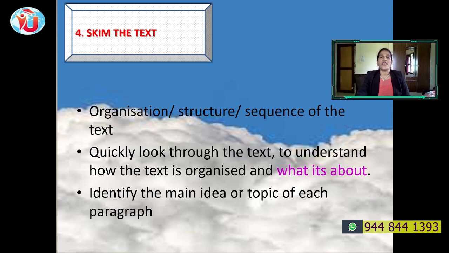Identify the main idea or topic of each paragraph. Friends, remember, it's so simple that every paragraph must have a topic sentence, must have supporting sentences, and must have developing sentences. So the topic sentence is the main idea and the developing sentence is the continuation of the idea, and the supporting sentences are nothing but you determine what you said is correct by giving examples and the meaning to that.